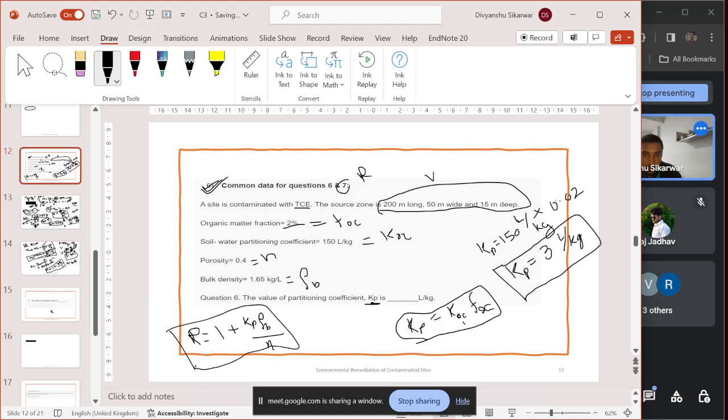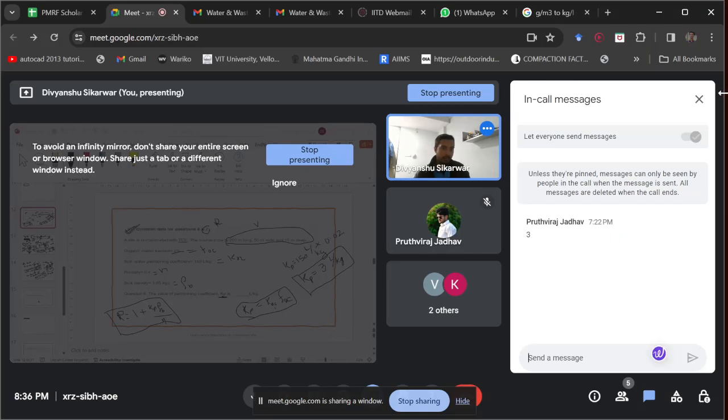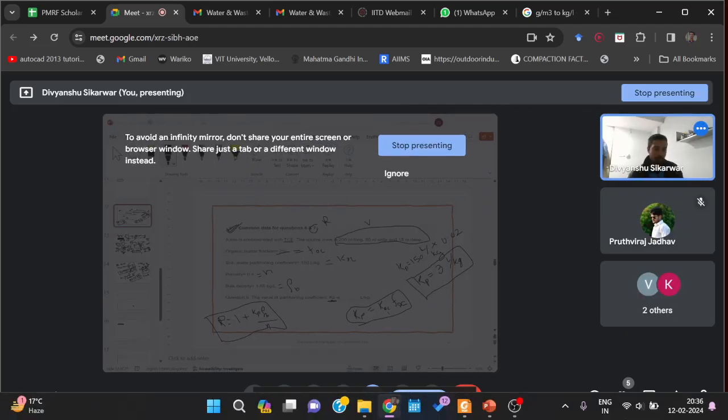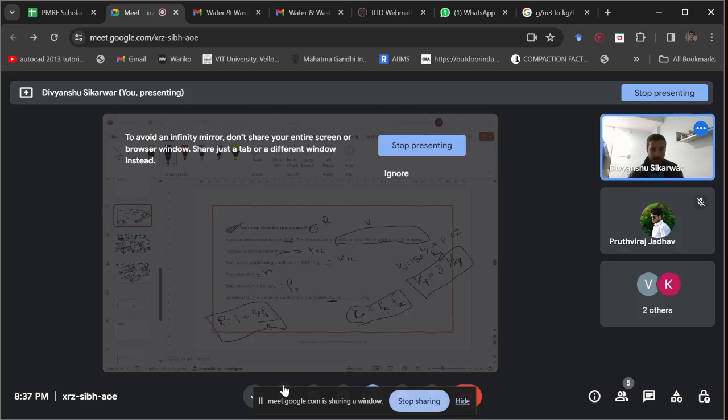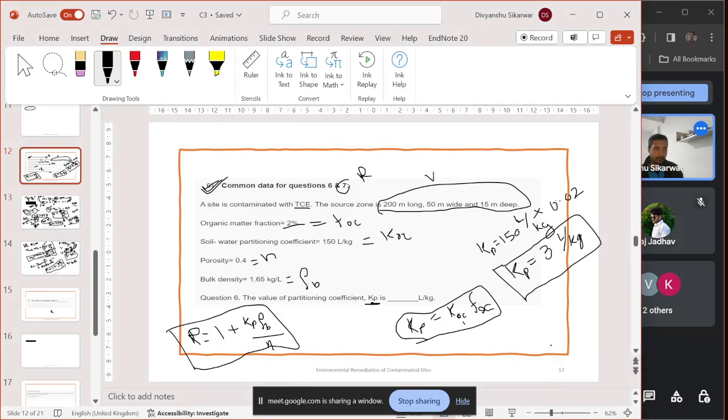Calculate the R value. Tell me the answer, please. You just have to put the values in the formula and calculate R.